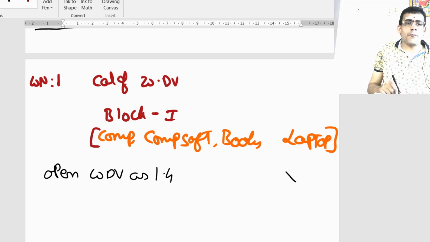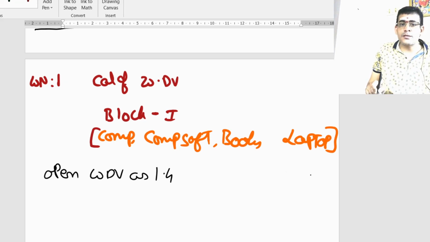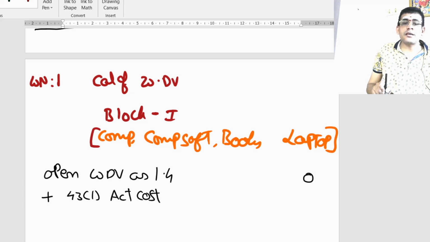In this case my opening WDV is nothing but 0. To this I need to add the actual cost of asset as specified under section 43 subsection 1 falling within the same block.